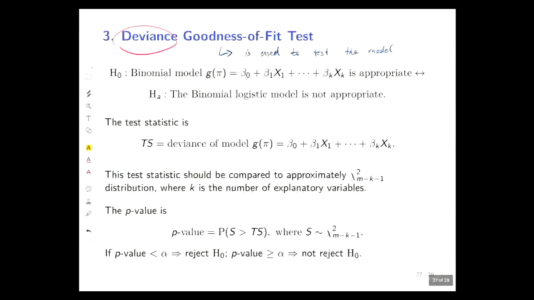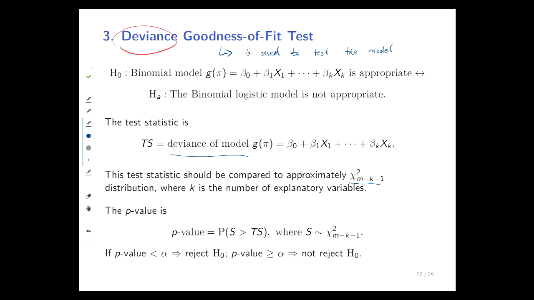So how do we do that? In order to perform this test, we need to compute the test statistic, which is exactly the deviance. We do not need to consider the dropping deviance. And this deviance should be compared to a chi-square distribution. The distribution is still chi-square, but the degrees of freedom are m minus k minus 1.